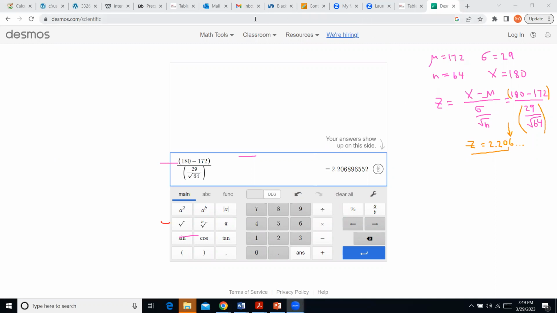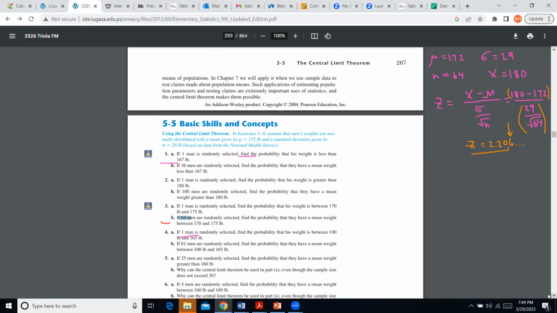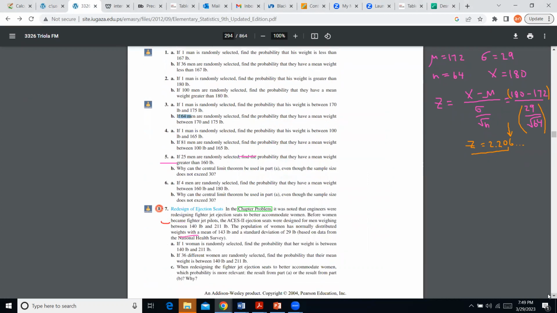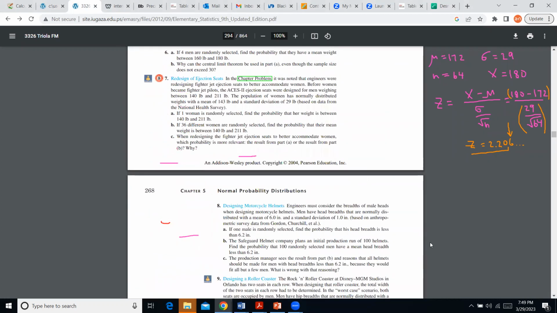So anyways, we are going to do the problem that will better reflect what's supposed to be done here. So maybe exercise number 7, which could be used in real life situations. They're talking about ejection seats for the airplane.